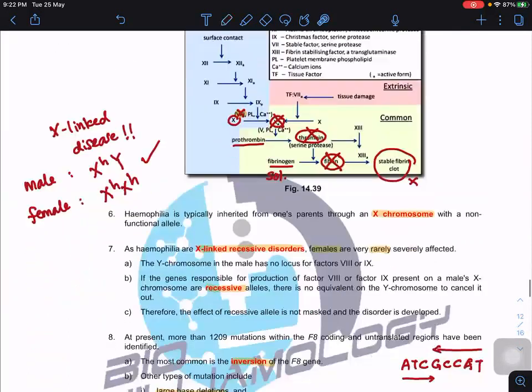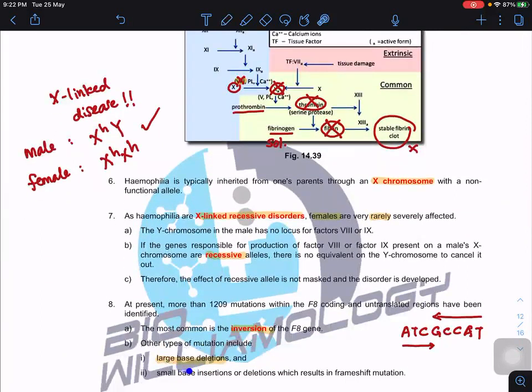The mutation may be due to inversions or large base deletions. It's not 1 or 2 bases, but many bases or nucleotides have been deleted. For male, 1 copy is sufficient to get the disease, but female must have 2 copies. That's why it's an X-linked recessive disorder. Females rarely are severely affected.